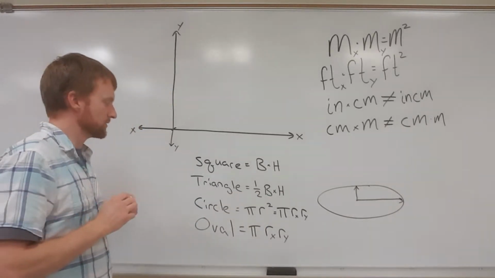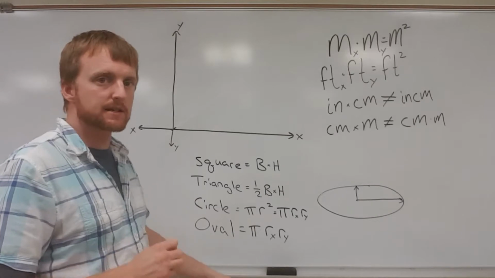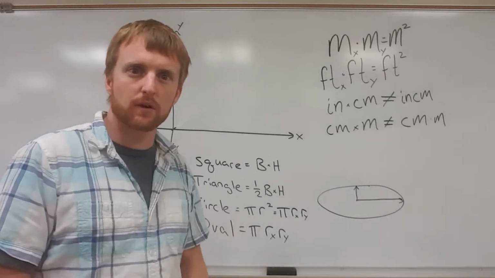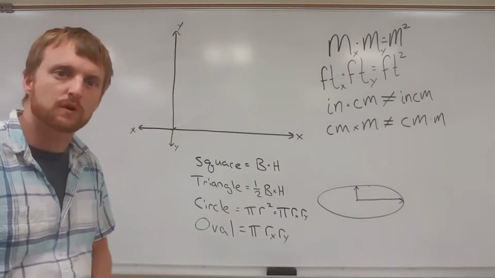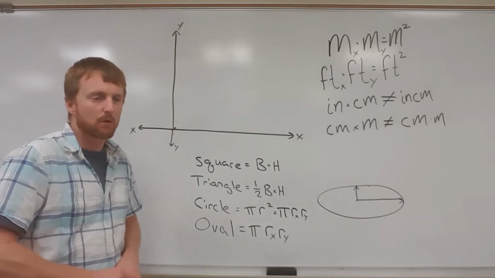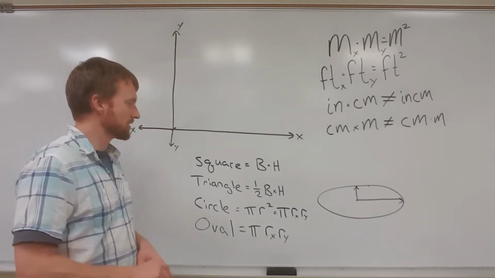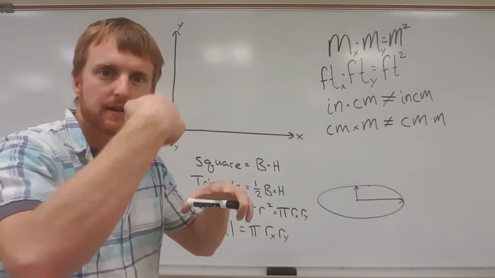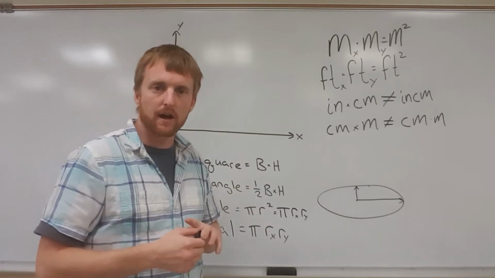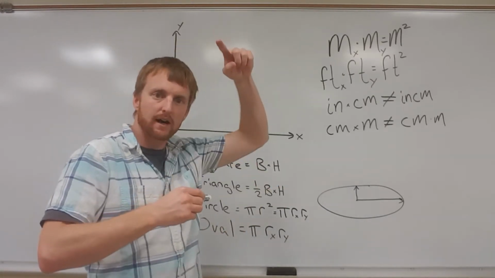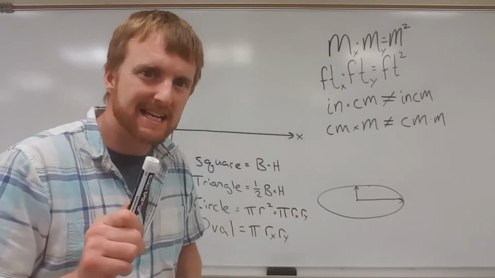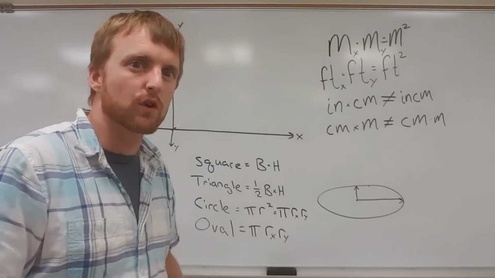What's not as intuitive is when we get into circular objects, like a circle. We just say, well, the area of a circle is pi r squared, right? Pi r squared. Well, what we're not actually saying is that those r's, because they're the same all the way around, r is the same in the x as it is in the y, we can just say it's squared. But it's easier to see in terms of an oval, okay?